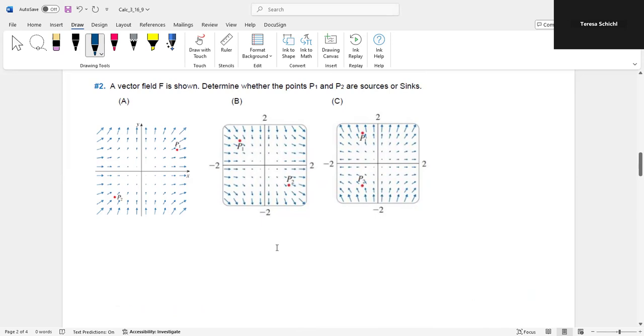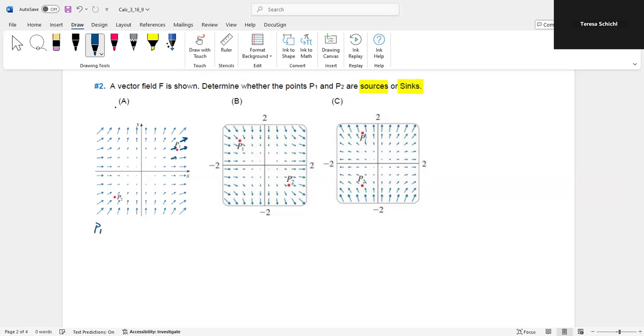Okay, so for problem number 2, before we do that, let's get everybody familiar with source or sink. It's kind of like a divergence type of concept. Here we have a vector field. For P1, the outgoing flow is bigger, since the vectors are getting longer and longer.